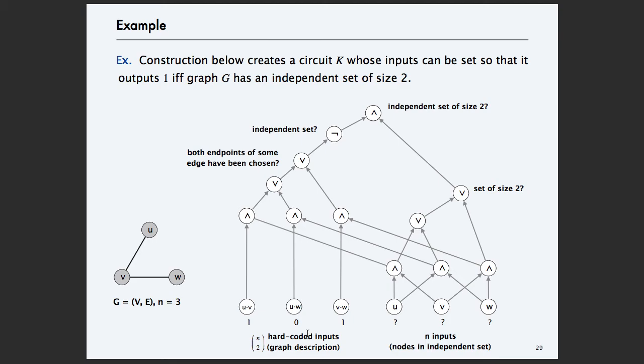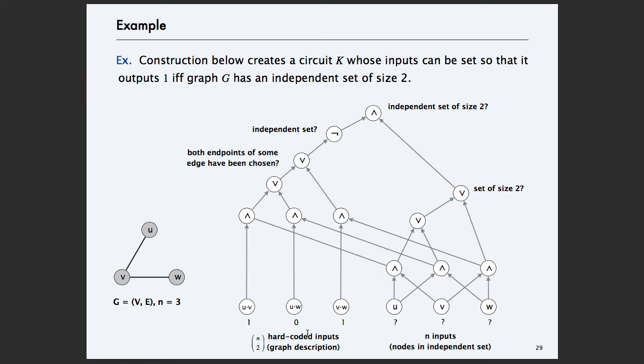Add one input per node. We have 3 nodes: U, V, and W. And then add one input per possible edge. You have U, V, and W. What could be your edges? This is undirected, so you can have an edge from U to V, one from V to W, and one from W to U. And that's it. There are no more possible edges, so that's why it's the pairs.